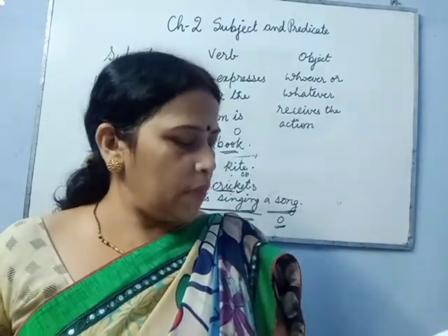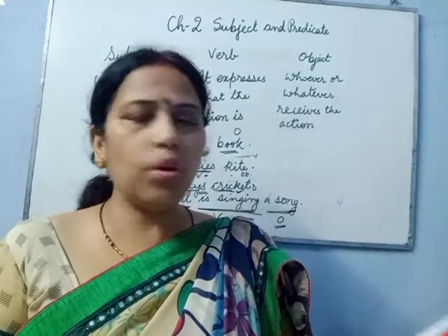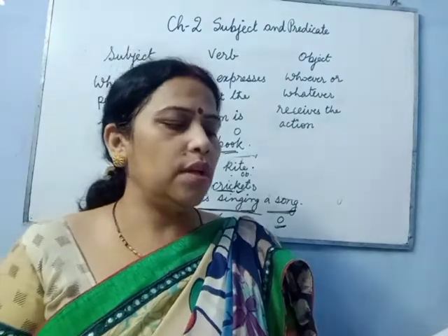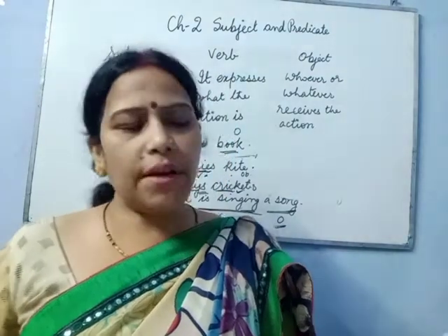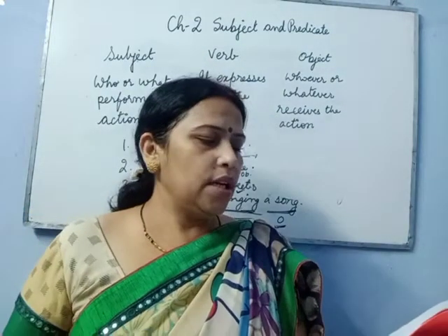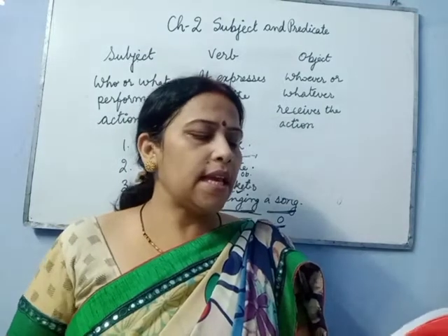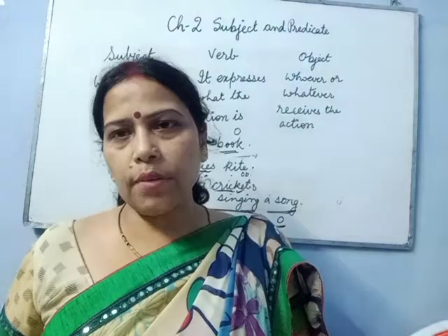Okay. Then exercise 3. Make a sentence with each of the following. One has been done for you. Like cats and milk, it is written. So what you have to do? You have to make cats as the subject and then you have to write the whole sentence. Like it is written, cats and milk. You have to write, cats like to drink milk.